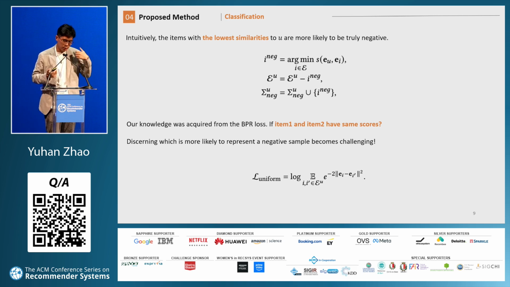So think about this situation: item 1 and item 2 have the same scores. In this situation, it is hard to classify which one is negative and which one is neutral, right? So to avoid this situation, we proposed L uniform. L uniform aims to keep all items as far away as possible, so no items have the same scores, to avoid this problem.